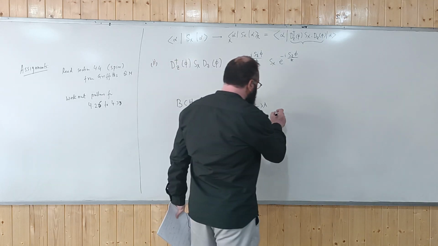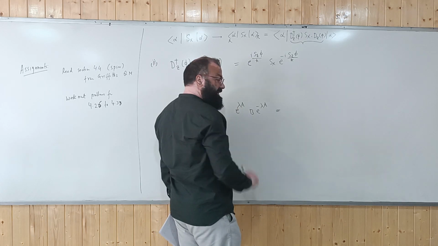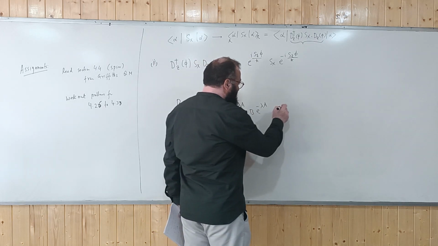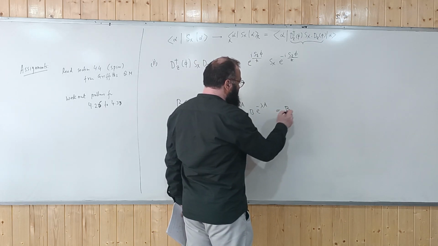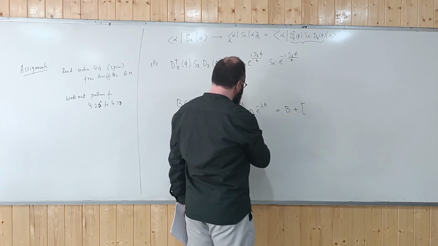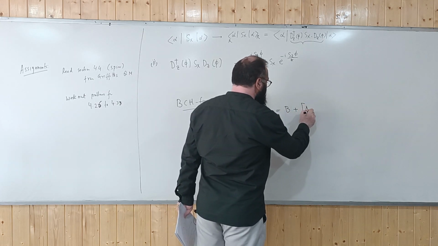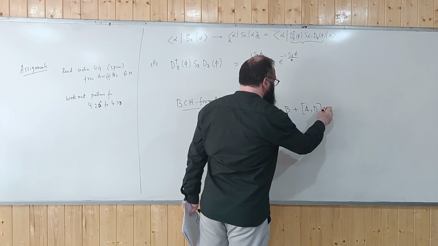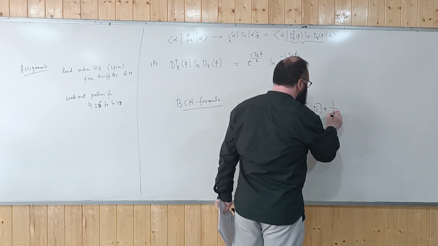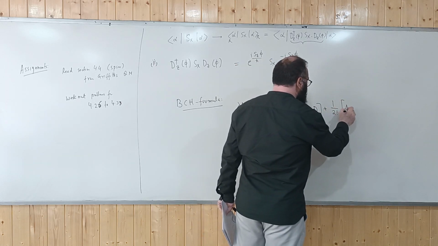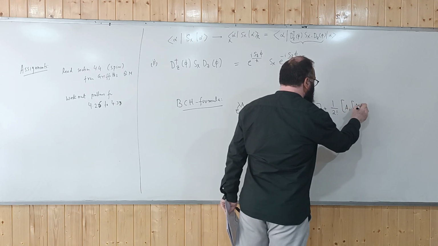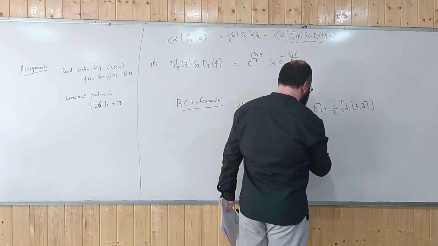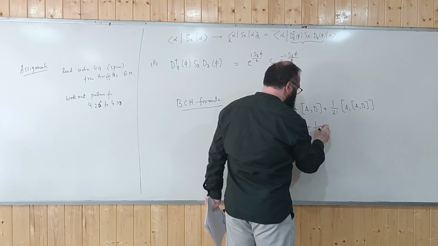Since lambda is an arbitrary parameter, you can write this formula as B first, then the commutator between A and B, then the series extension, 1 by 2 factorial the double commutator of A, A, B, plus 1 by 3 factorial, and so on.